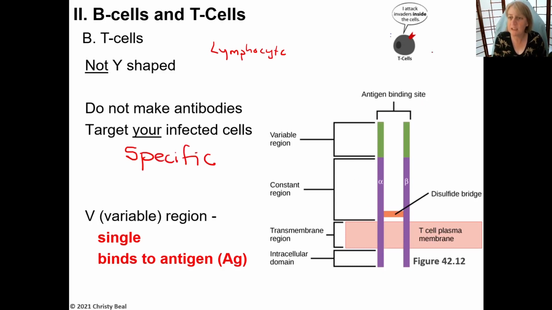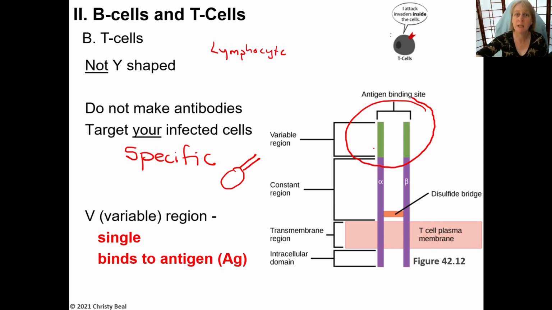They have these proteins that stick off the outside. They are not Y-shaped, they are line-shaped. And they still have this antigen binding site. Same role as in the B cells. These are randomly generated. You see, it's called a variable region. This randomly generated area has a randomly shaped protein that binds with randomly shaped things that your cell is showing that it is making.